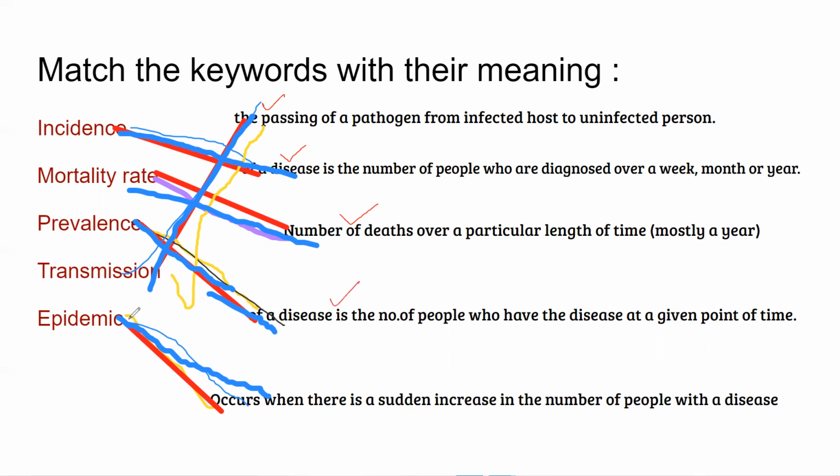Prevalence is correct. And an epidemic occurs when a sudden increase of a disease happens in a number of people. So epidemic is when, in the first count, let's say thousands of people suddenly start showing symptoms of malaria. That is an epidemic. That means the disease was spreading and there were no symptoms for a very long time, and suddenly many people at the same time started showing symptoms. So an epidemic breaks out when there is a natural disaster in a country.